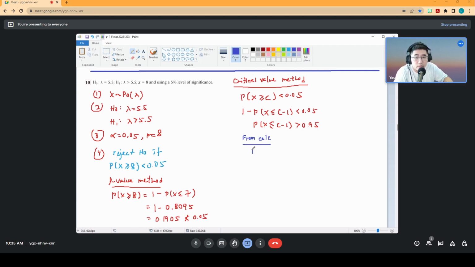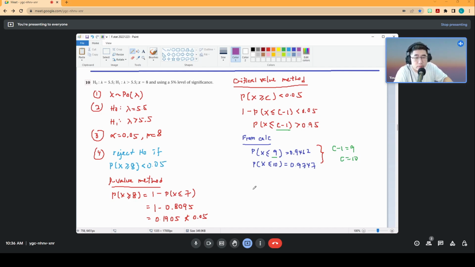So I see that from calculator, P of x lesser equals to 9 is equals to 0.9462. P of x lesser equals to 10 give me 0.9747. So from here we can actually observe that, okay, this fulfill this. Therefore, I can conclude that C minus 1 equals to 9, C equals to 10. The critical value is 10.